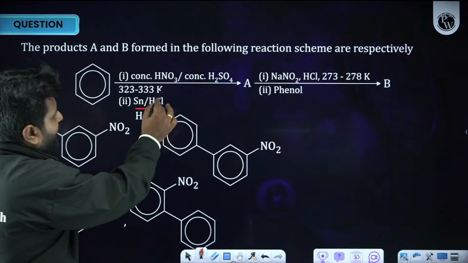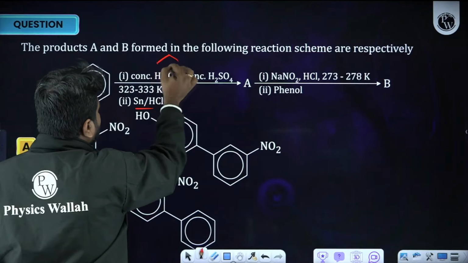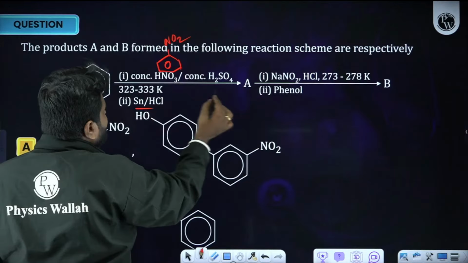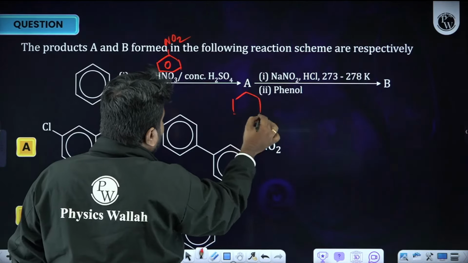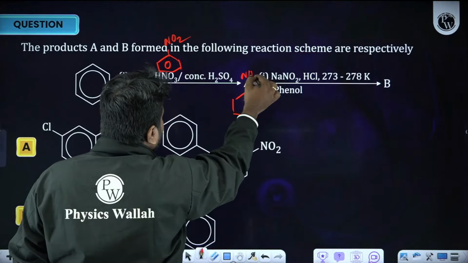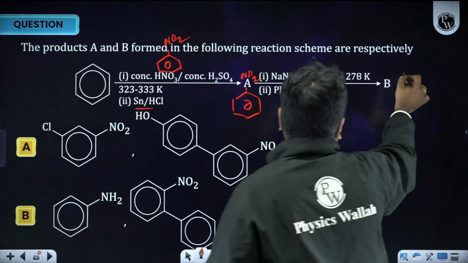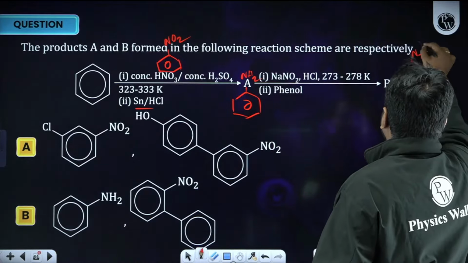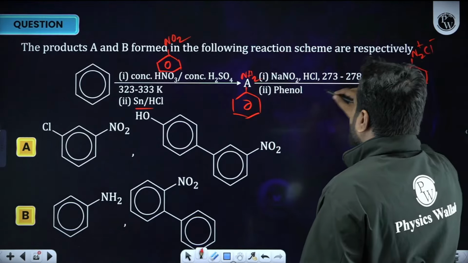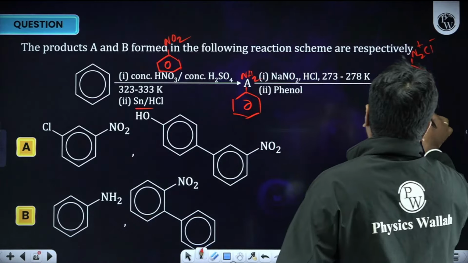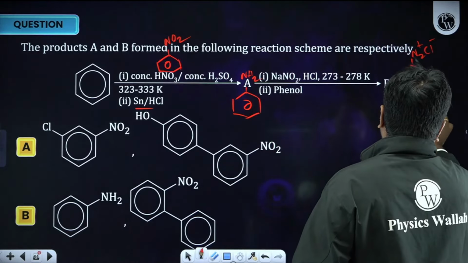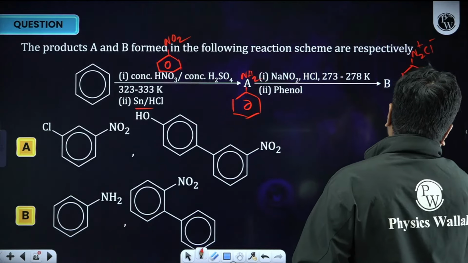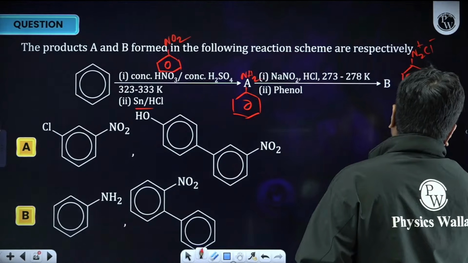Very simple. With a nitrating mixture, we will be getting nitrobenzene. With tin HCl, I will be getting aniline. Aniline with diazotization, I will be getting benzene diazonium chloride. Benzene diazonium chloride reacts with phenol to give para-hydroxy azobenzene.